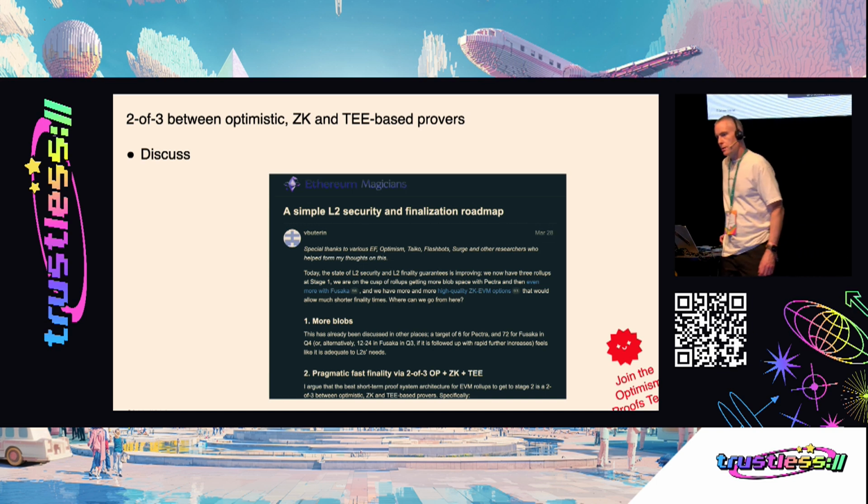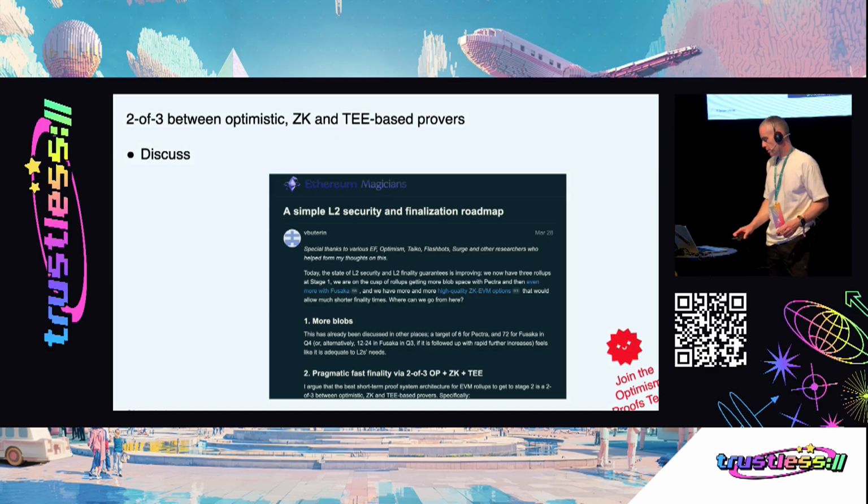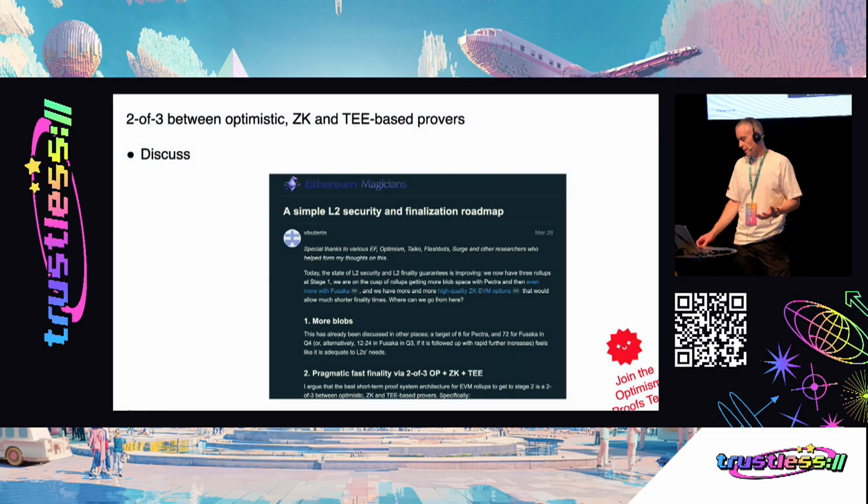And then the other, I can take that. The other consideration is with stage 2. I think the main definition is that if the proof systems disagree on chain, then you can still have a security council that can adjudicate.